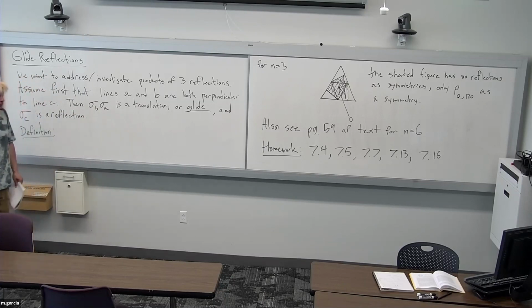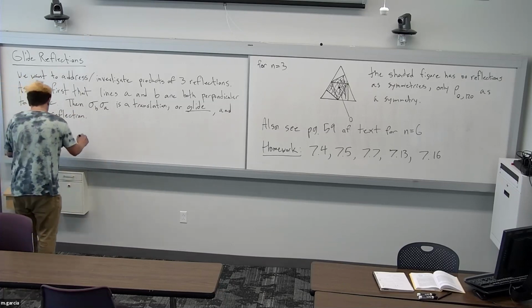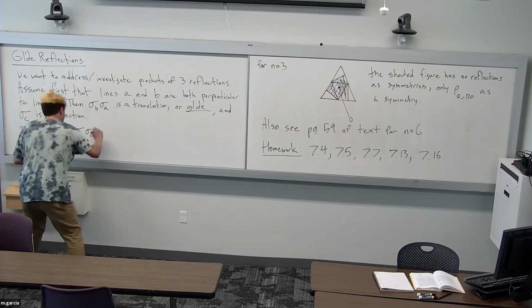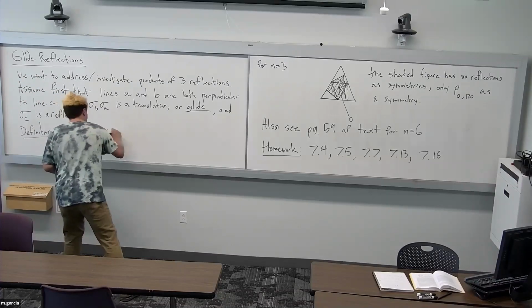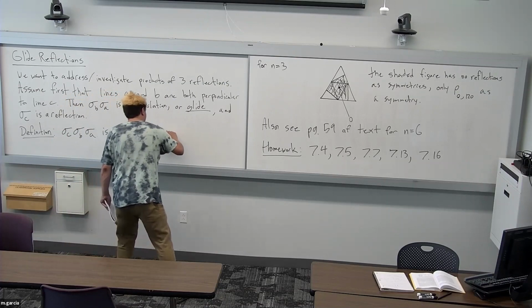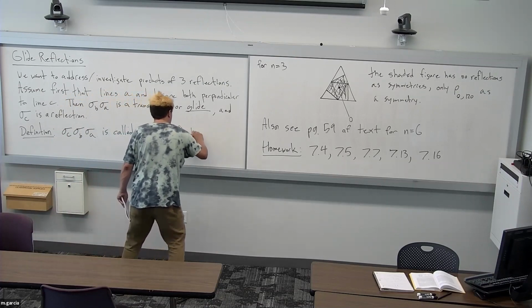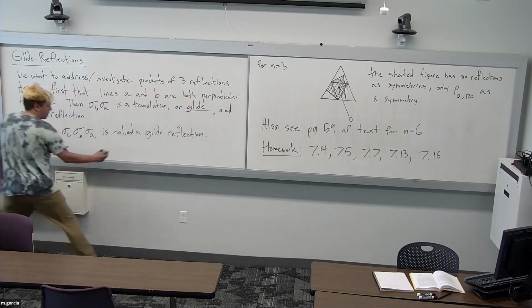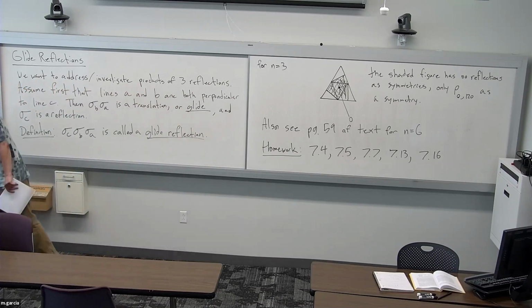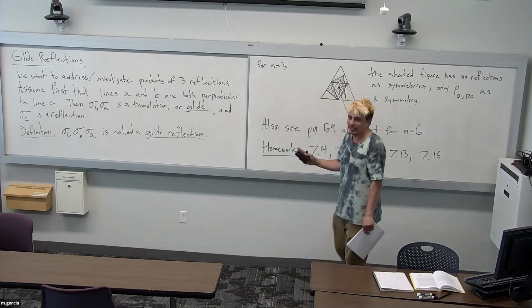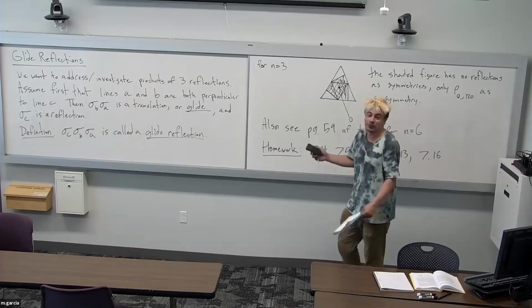Definition. Glide reflection, right? Sigma C, sigma B, sigma A is called a glide reflection. Why the use of the terminology glide? I'm not sure, but it is nicer to say than translation reflection. It's fewer syllables.